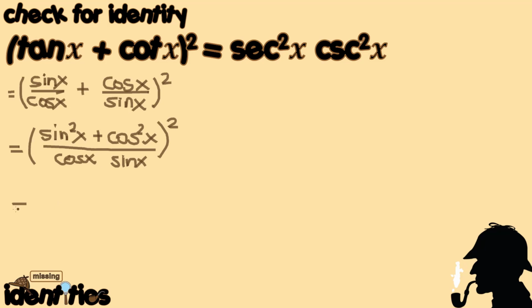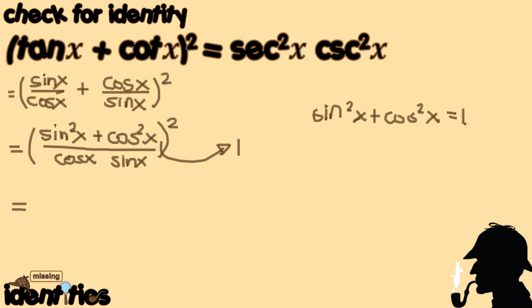Next thing to do here is to look closely at our numerator. This numerator alone is equal to 1. This is actually part of the Pythagorean identity. We'll have the square of sine x plus the square of cosine x, the same angle x, is equal to 1.